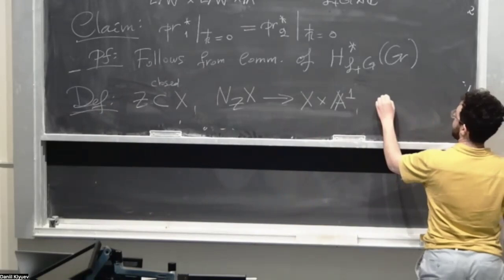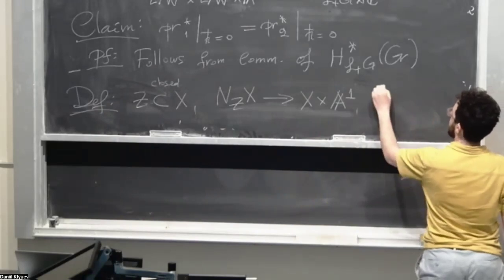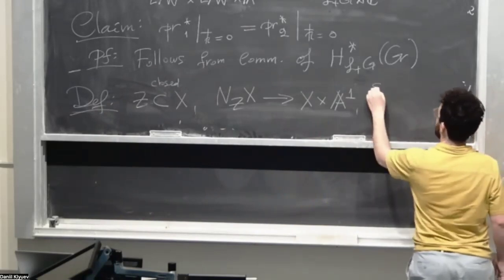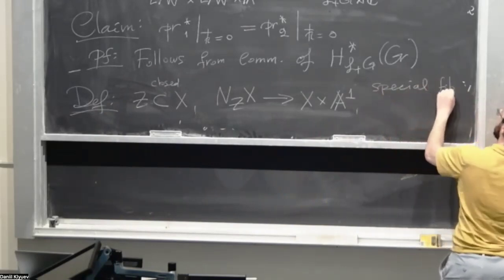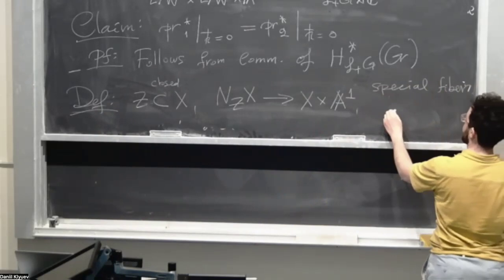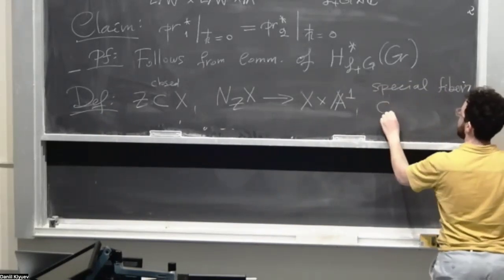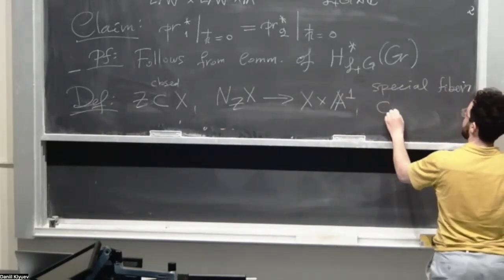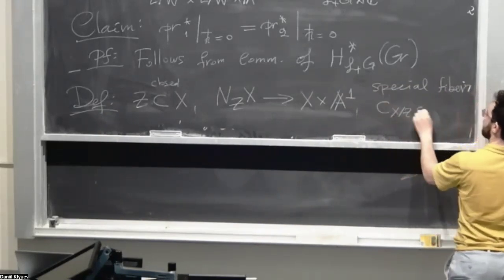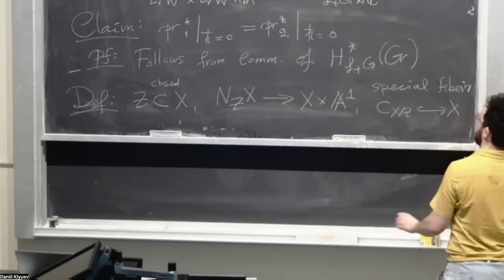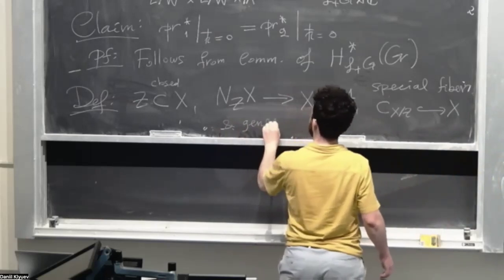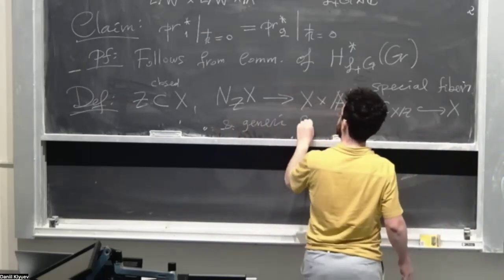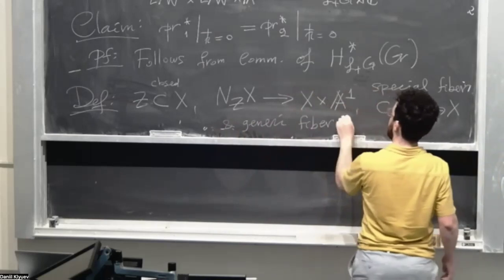So the special fiber is going to be the normal cone, the inclusion of the C of X mod Z maps to X, and the generic fiber is going to be X.